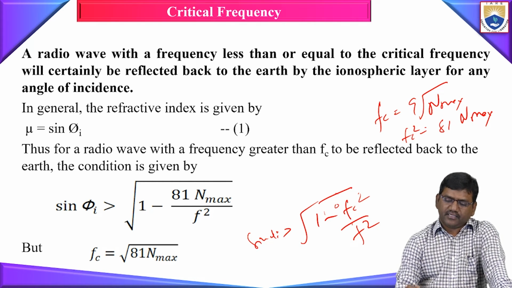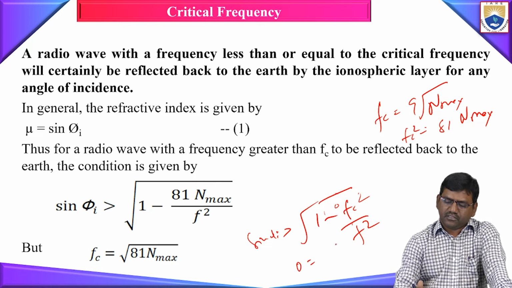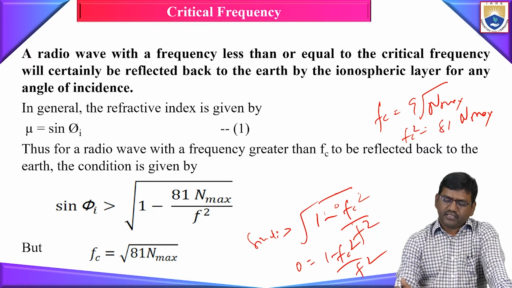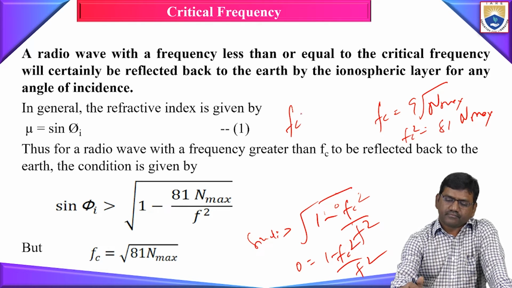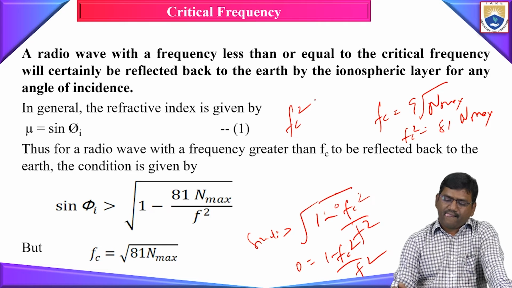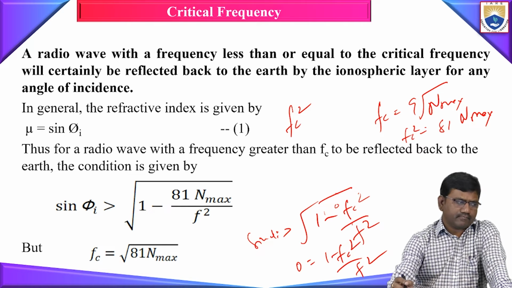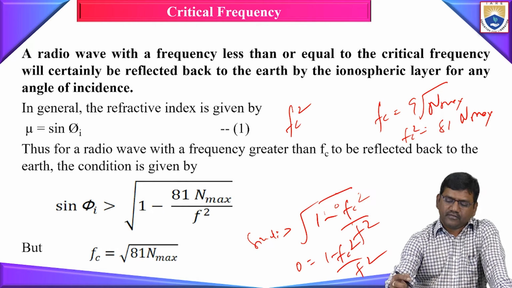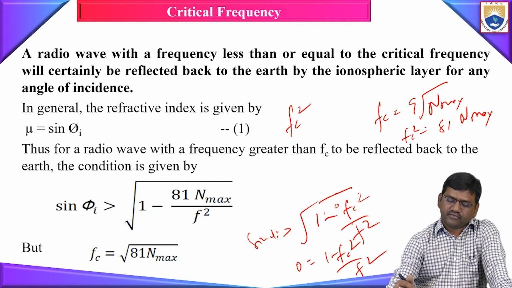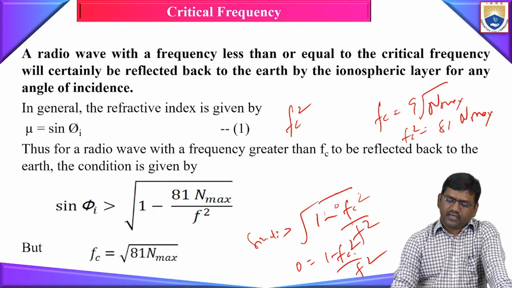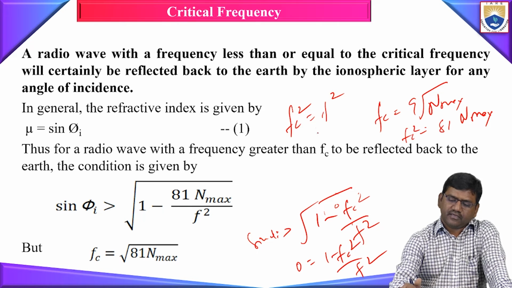So we get 0 is equal to 1 minus Fc square by f square. Taking the 1 across, Fc square is equal to f square, and Fc is equal to f. And what is Fc? 9 root N max.